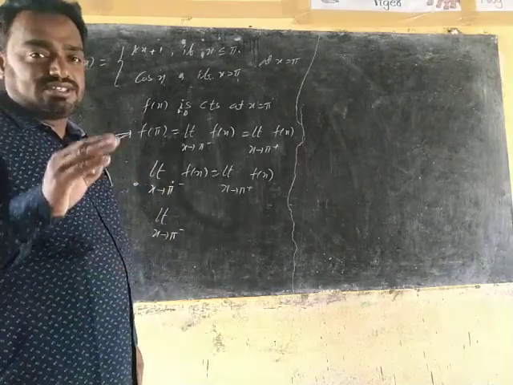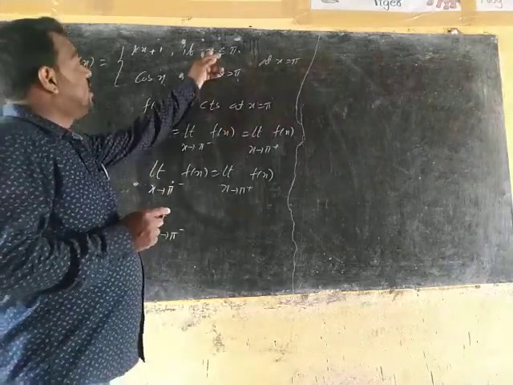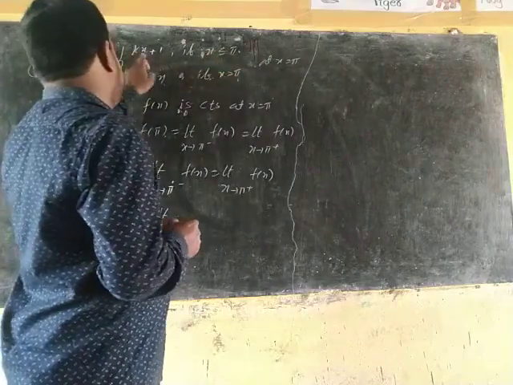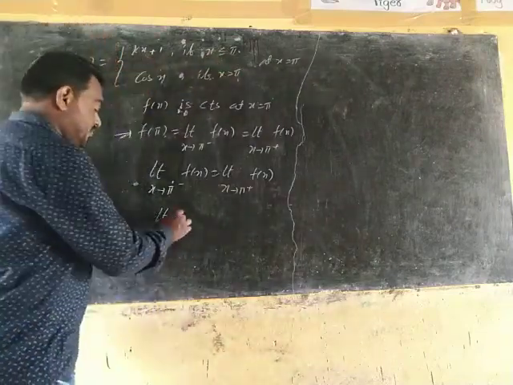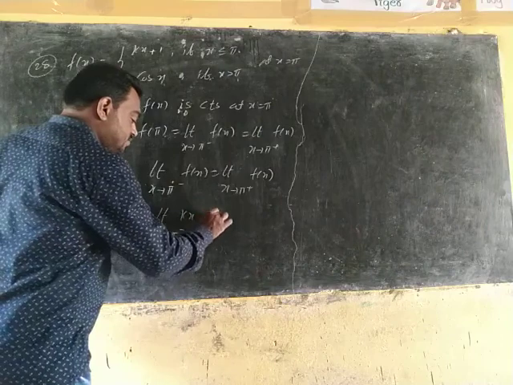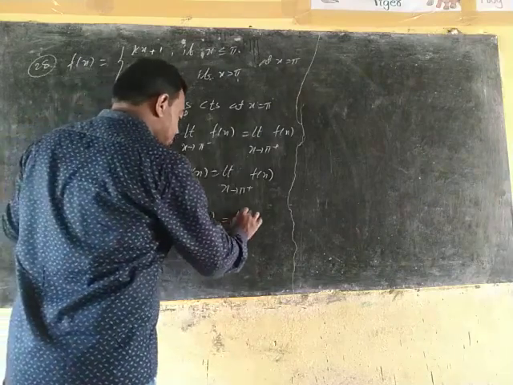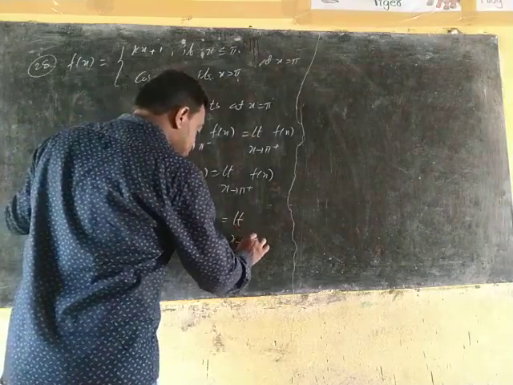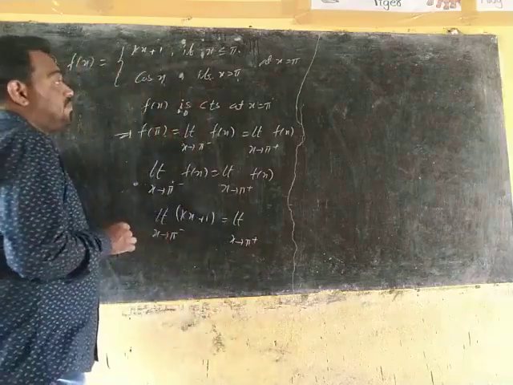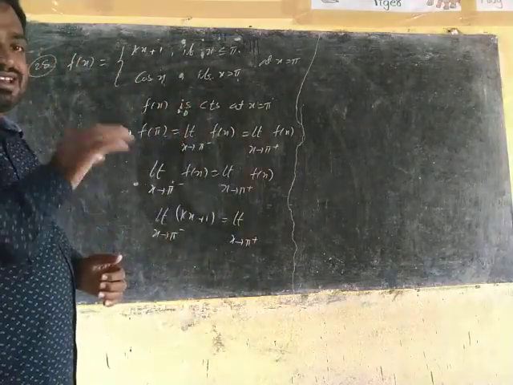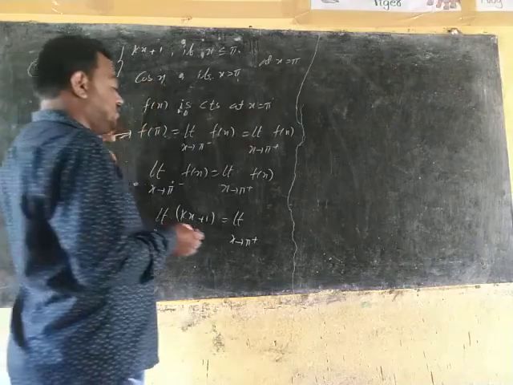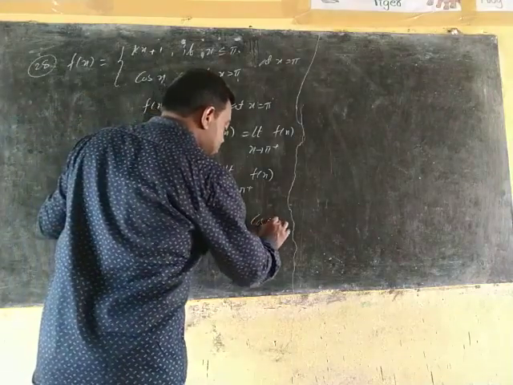When x is less than pi, f of x is defined as kx plus 1. This is equal to limit x tends to pi plus, where pi plus means x is greater than pi, f of x is cos x.